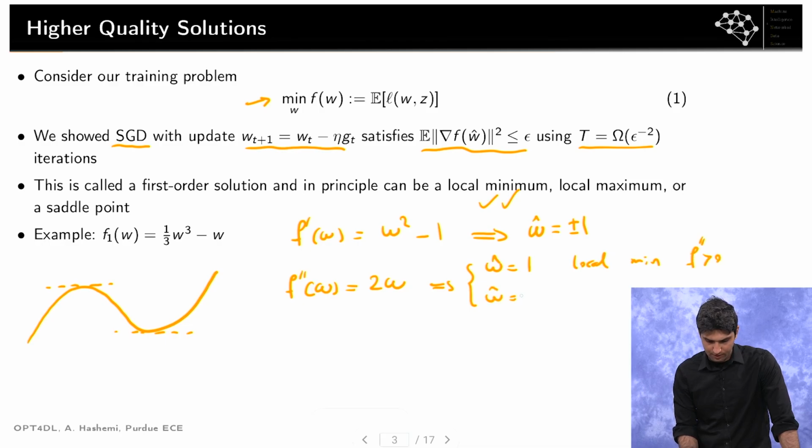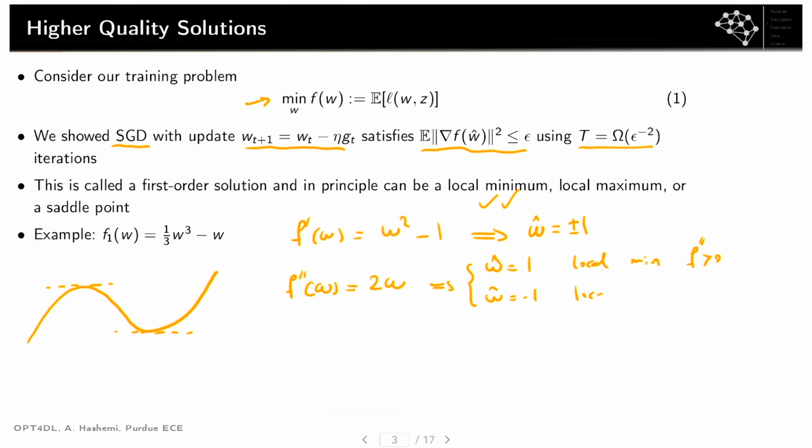On the other hand, w equal to -1 is a local maximum, because in this case the curvature is negative. So therefore, although both w equal to 1 and -1 have a zero gradient, so they are first-order stationary, one of them is good and the other one is bad, right?